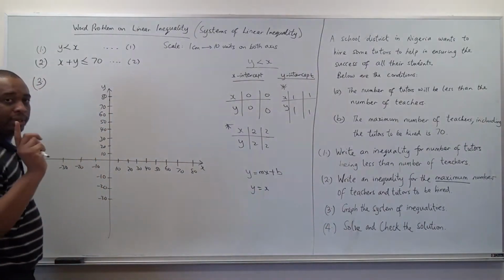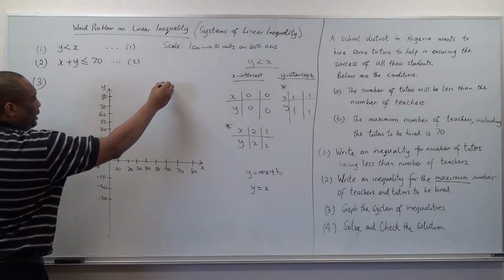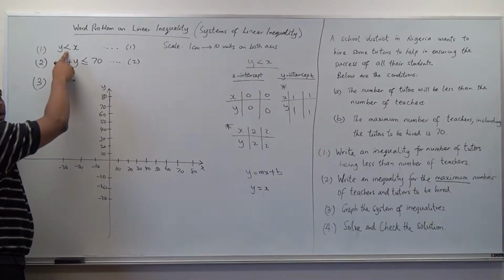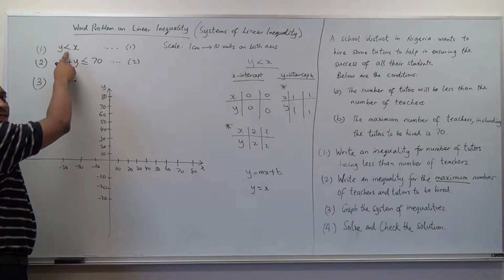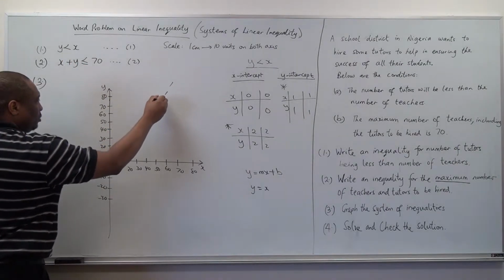So what we now do is, because this has no equal sign, it will be a dotted line. It's not going to be a solid line because there's no equal sign.